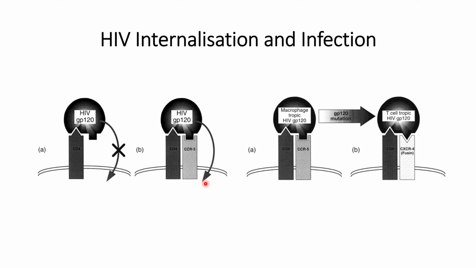Those cells that are infected with HIV will then mutate the CCR5 to CXCR4, and this kind of cell then allows T cell trophic HIV GP120 to interact with the cells. Now the T cell trophic HIV can also infect the cells and make them more vulnerable.